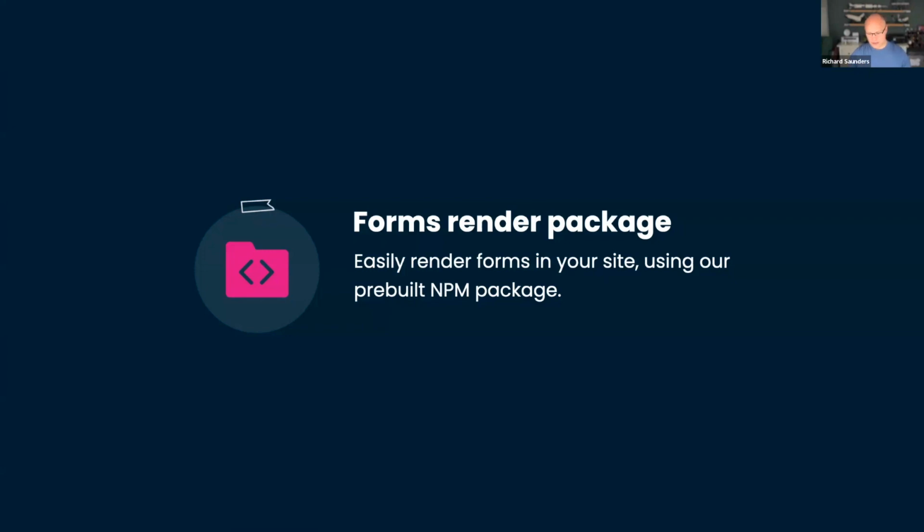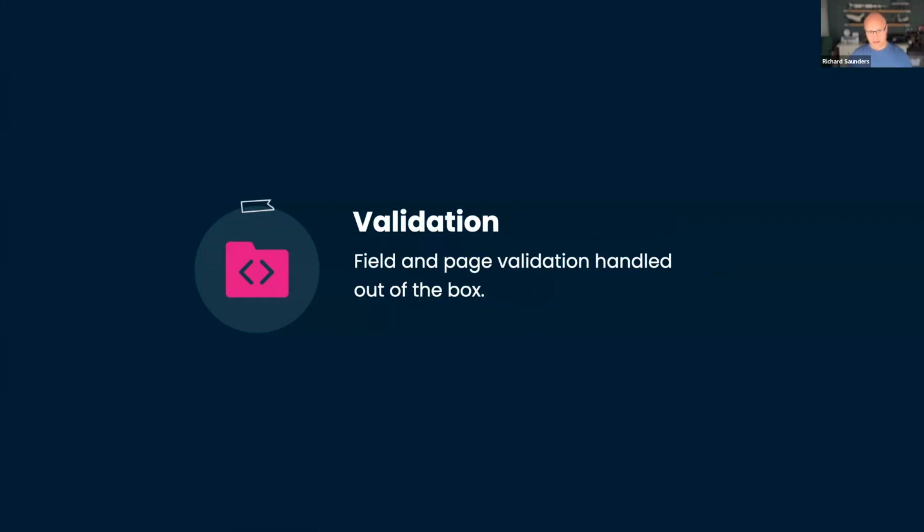You can see the code behind it at our GitHub repo, and this package will handle all of the heavy lifting of managing forms on a front end for you. So things like field and page validation are handled out of the box. From the simple things of character count, to whether this field is required and has been populated, to displaying the validation summary at the top of the page when there are errors.